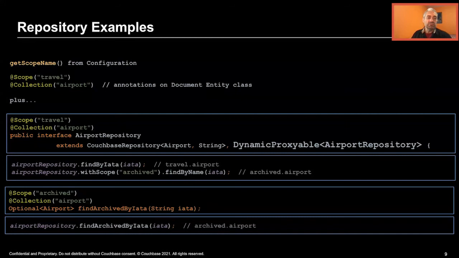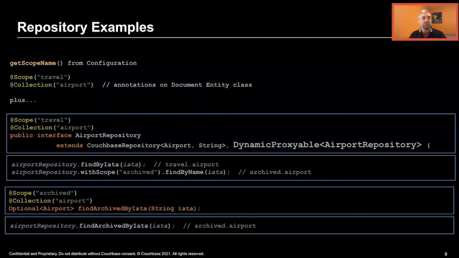When you actually use a repository in Spring Data, it's a proxy that's made for the interface that you've defined. Likewise, for scopes and collections, we have a proxy for the interface for your repository, and it will add onto it this withScope method call.